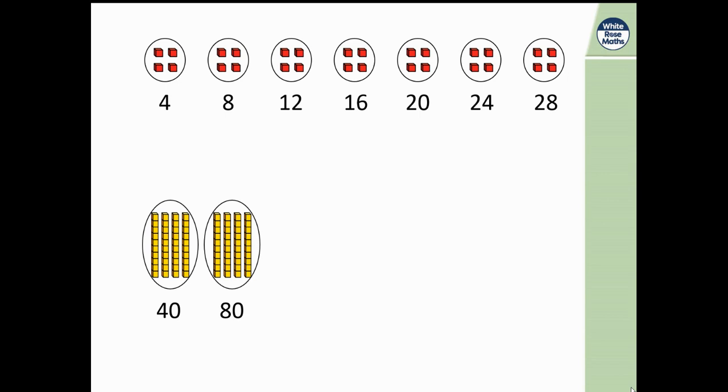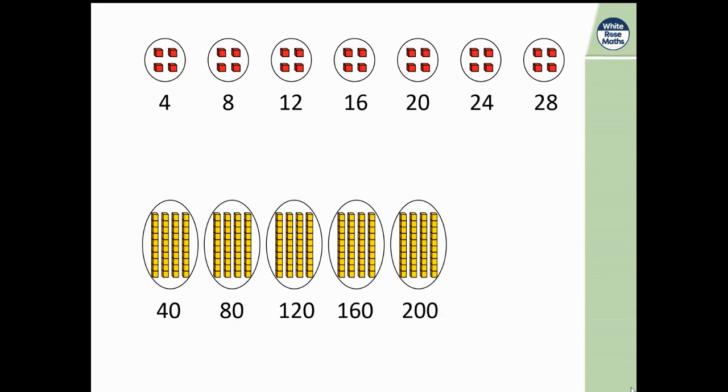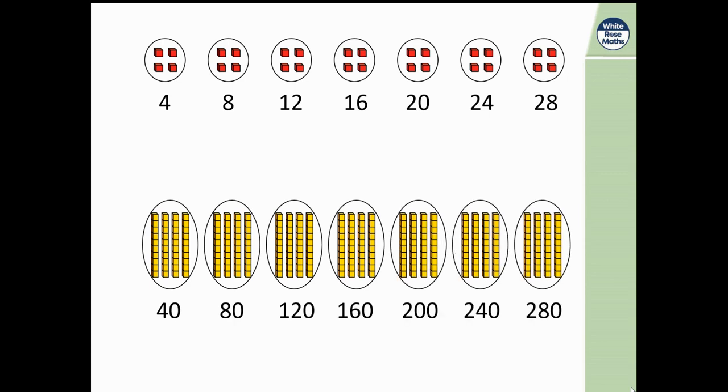So then how many tens do you think I would have in total? If 7 groups of 4 is 28, what would 7 groups of 4 tens be? Well, it would be 280. So 40 multiplied by 7 would be 280 because 4 multiplied by 7 is 28.